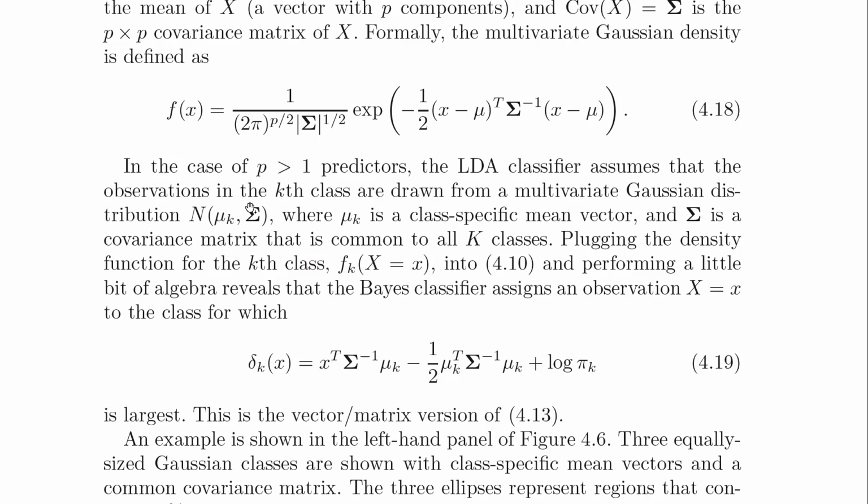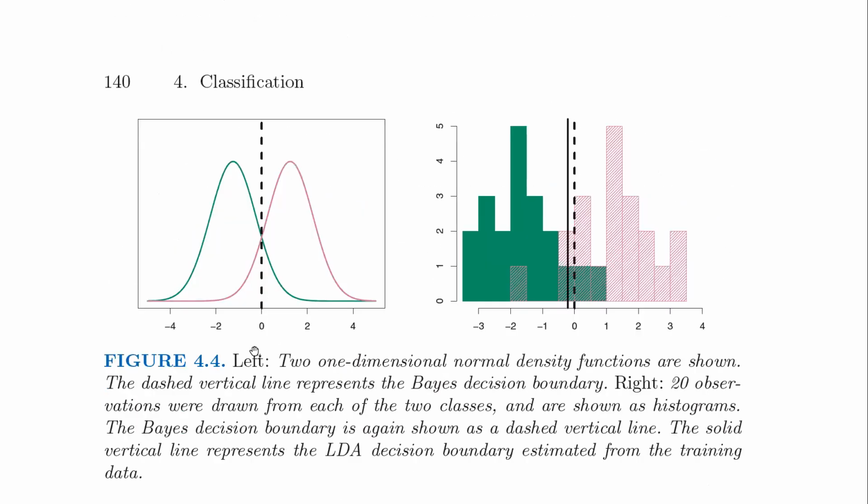So they all have, do you remember when p was 1? We were assuming a Gaussian curve for each class. So we were saying, for example, the probability that, I don't know, a bird lives between 2 to 4 years, given that the bird is a female bird.